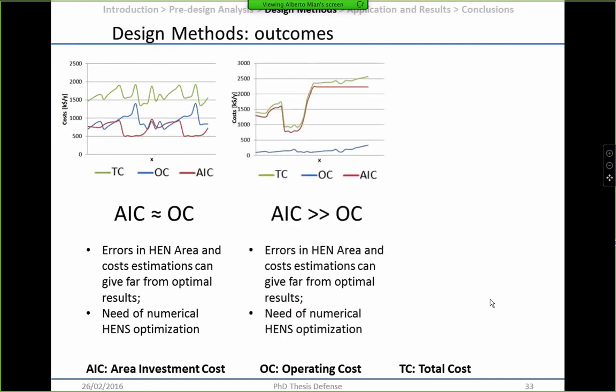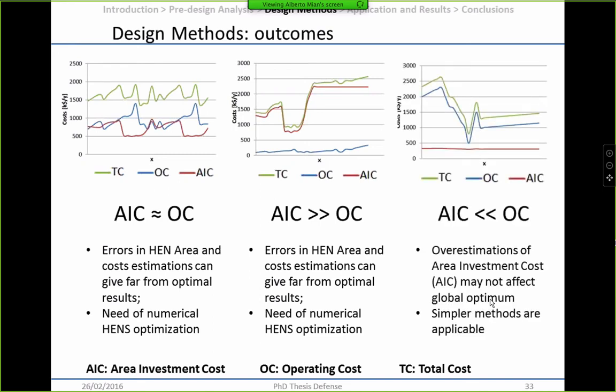The same happens when the area investment cost is very big with respect to the operating cost of the plant. So having a 30% gap on this, instead of a 0% error here, may lead to a wrong conclusion. While in the third case, where the area investment cost is very small with respect to the total cost, it is the only class of problems in which the targeting area approach can be applied.